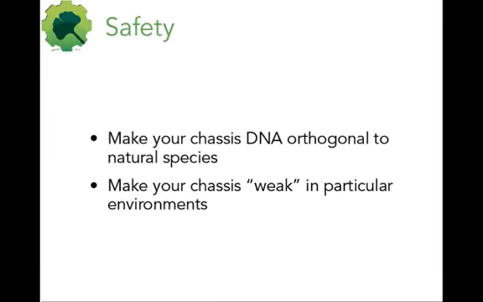And then there are ways to further ensure that escaped chassis, if they should accidentally be released, would not be able to survive in an environment that, say, lacks a particular nutrient. The top idea, make your chassis DNA orthogonal to natural species, is a really interesting one to think about as an engineer.